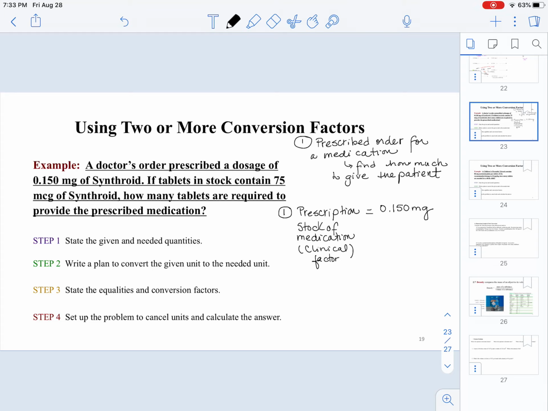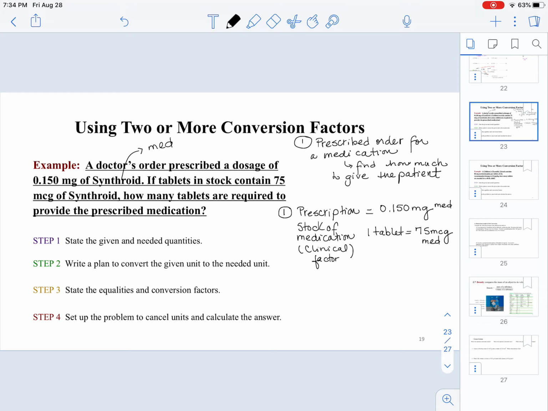And that states that one tablet of this medication is going to be 75 micrograms of the medication. I'm just going to put Synthroid as a med. So you need to give this patient 0.150 milligrams of the med, and then you have in stock one tablet that contains 75 micrograms of the med.